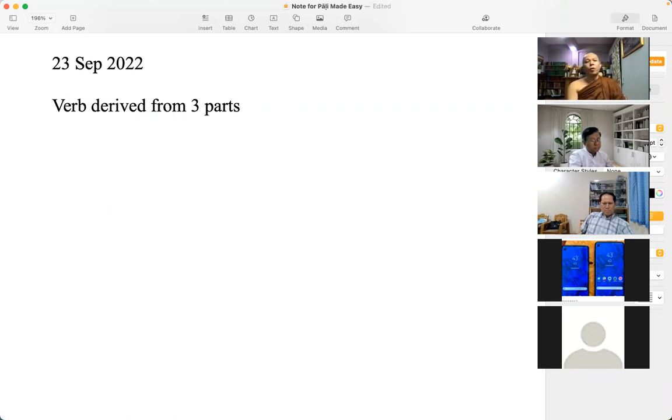That means, combining these three parts, we can form the verb in Pali. Those three parts are: the first one we call the root.